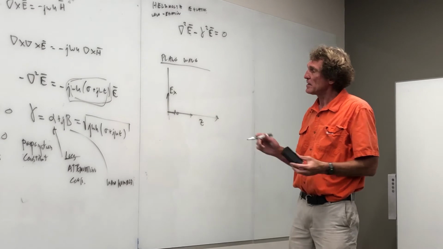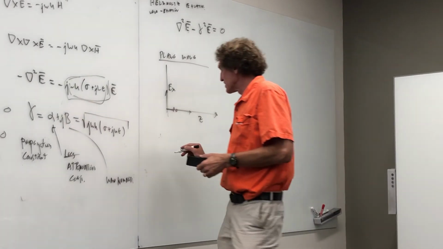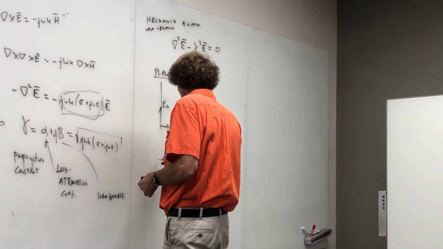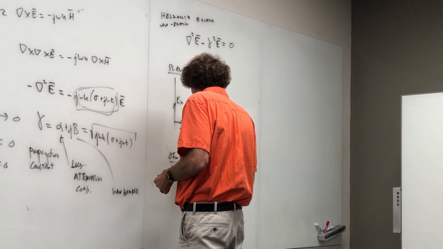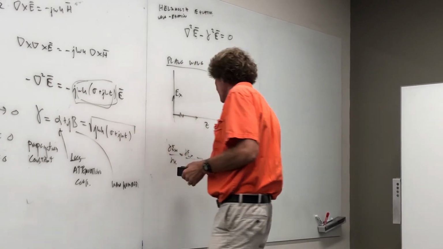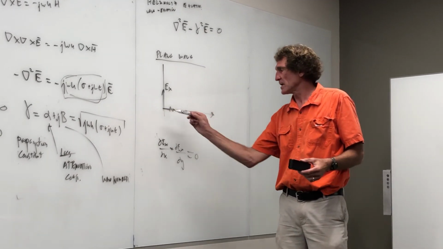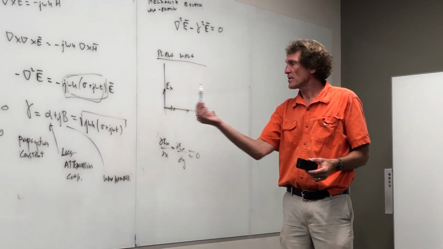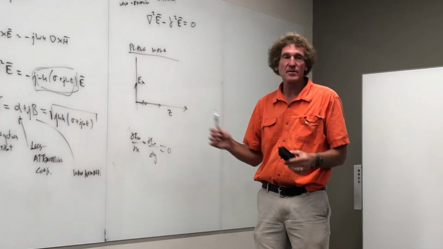Now, here's the other thing. There's no variation. If that's the Z direction, ∂Ex/∂x is equal to ∂Ex/∂y, and that's equal to 0. With a plane wave, it doesn't matter where you are. If that's Z and this is X and that's Y, where you are in terms of Y or X position, the E field is the same.